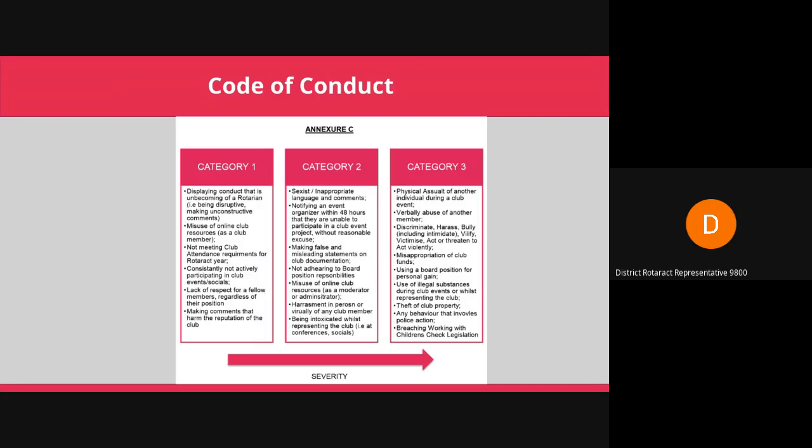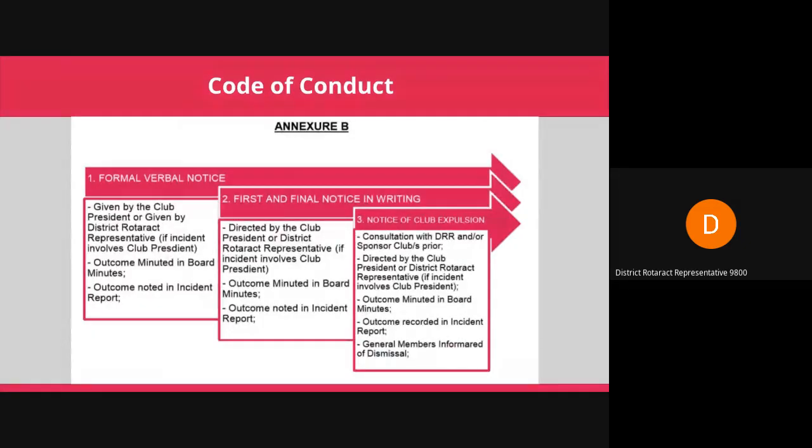Category 1 is the least severe behaviours, and category 3 contains behaviours which could result in immediate termination of membership. So this needs to be assessed, and then you need to read the incident report to see which category the behaviour falls in.